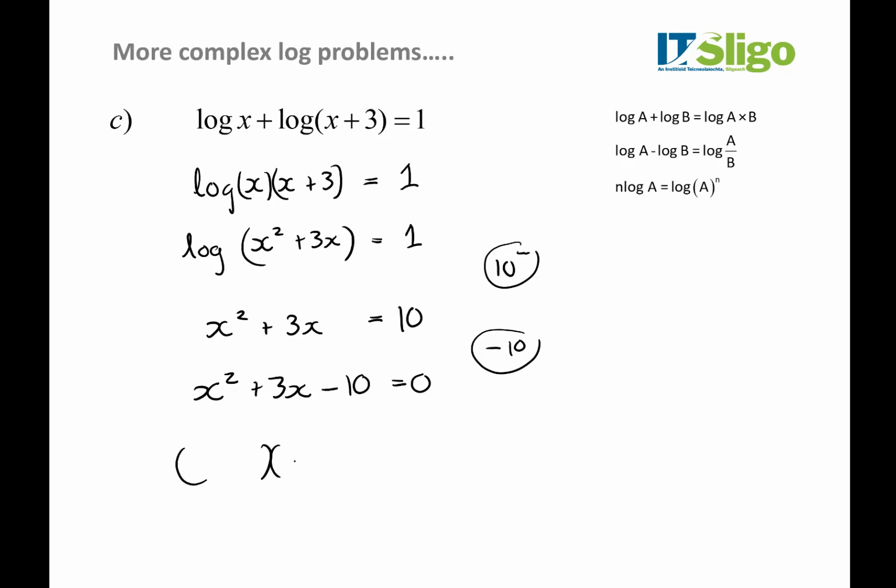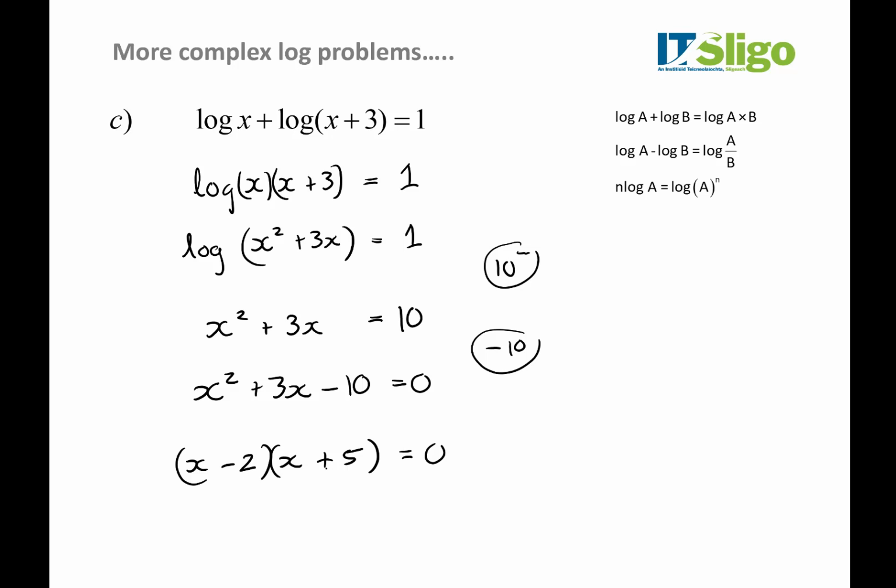This is a quadratic, guys. I'm not going to spend ages going over it. So when we factorize this, we're going to have 5 and 2. The positives win out, so plus 3x, so that's going to be a positive, that's going to be a negative. Double check. X squared minus 2x plus 5x equals 3x minus 10.